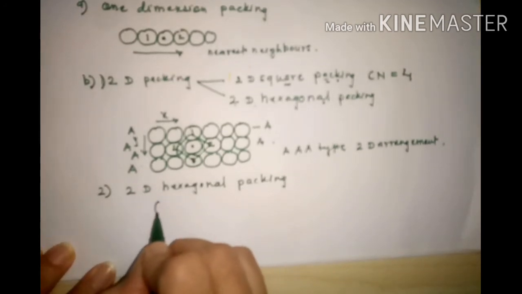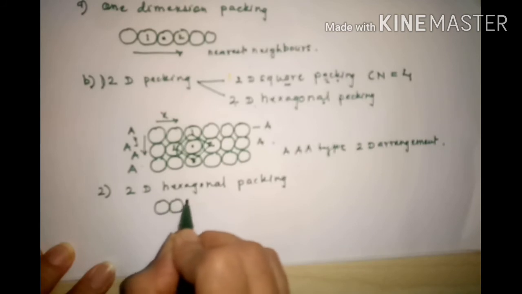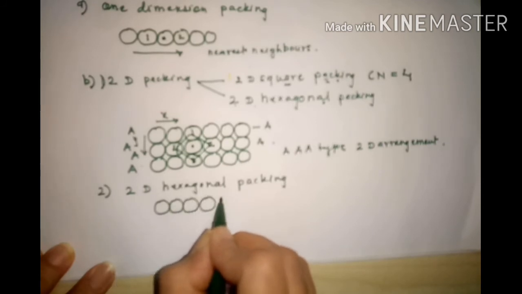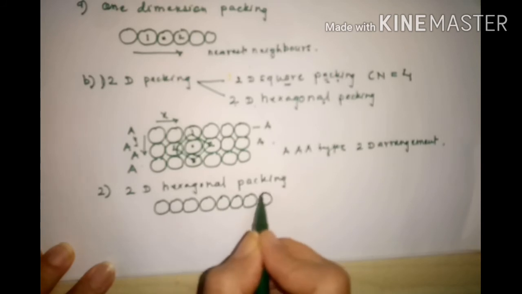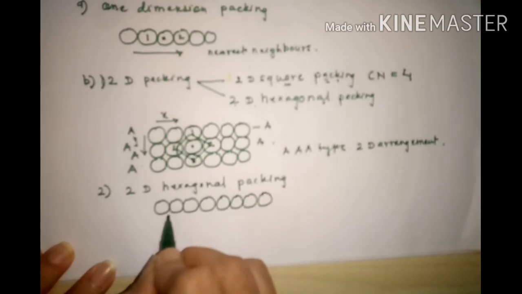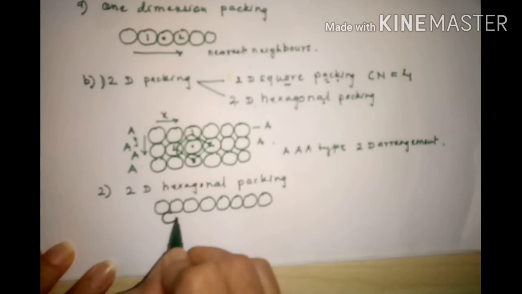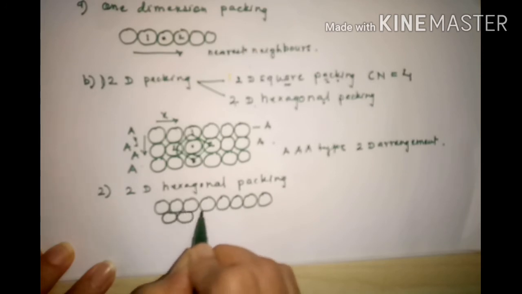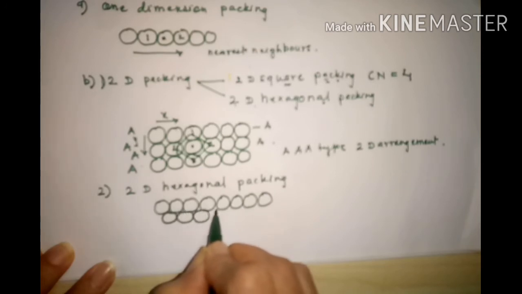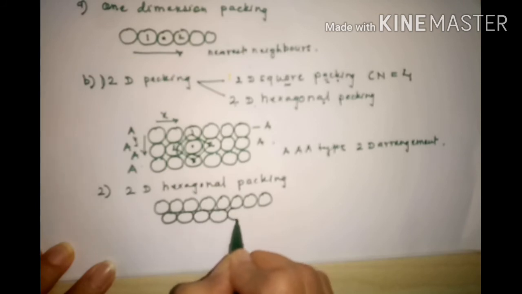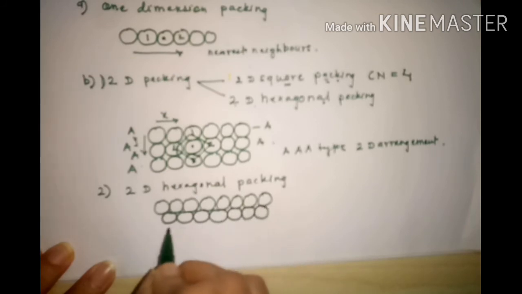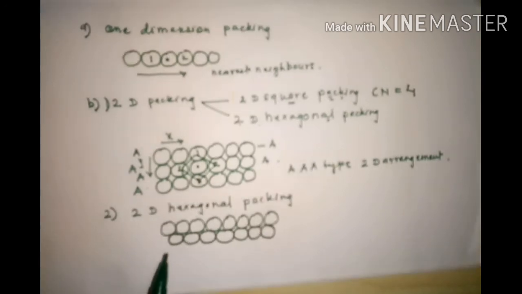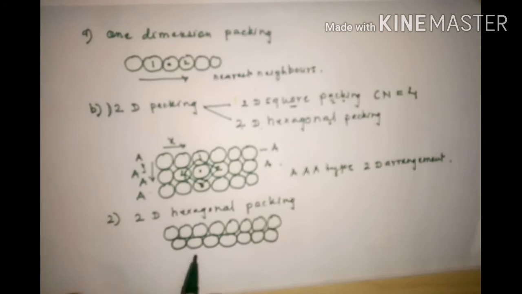You can arrange these spheres this way: 1, 2, 3, 4, and so on. This is the array, this is the first row. Now in between these you can put the next row this way. In case of this hexagonal packing, the packing efficiency is more. In less space, more spheres can be accommodated.